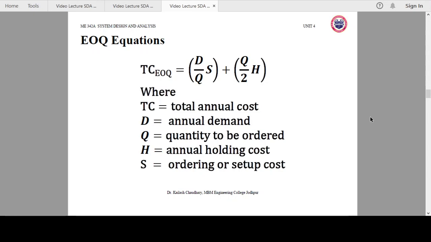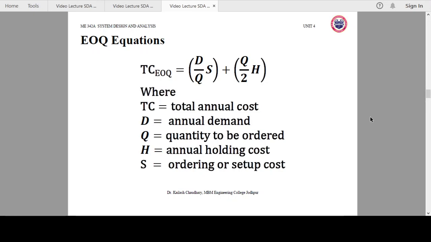For the economic order quantity model, we need to use this equation. This equation is the total cost. If you are ordering products for your company, for your production plant, what would be the total cost? That total cost depends on the annual demand, the quantity you order, the annual holding cost, and the ordering cost.